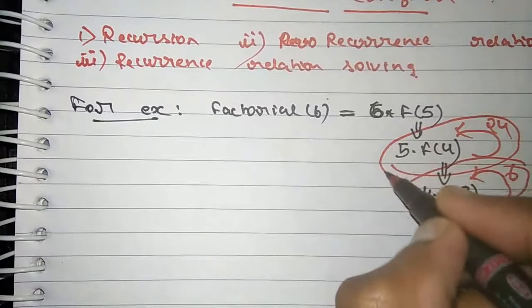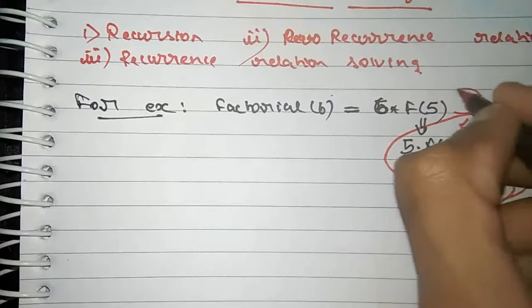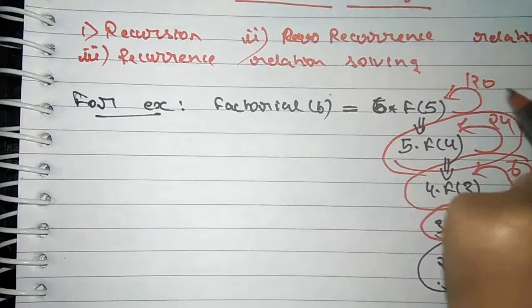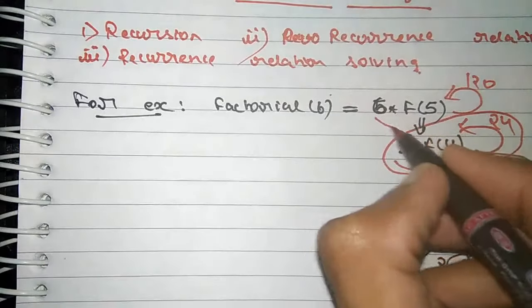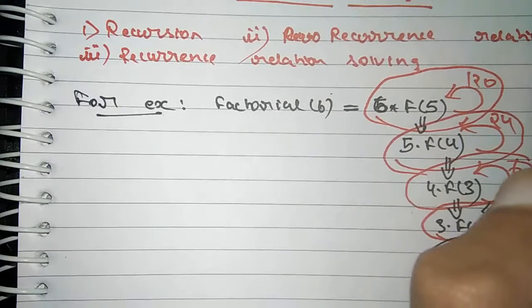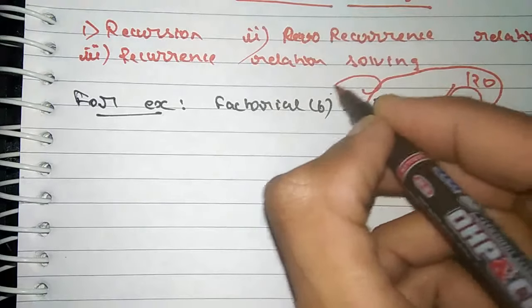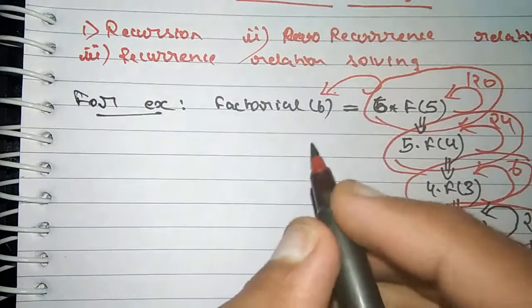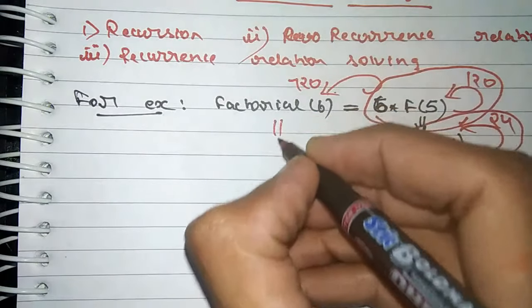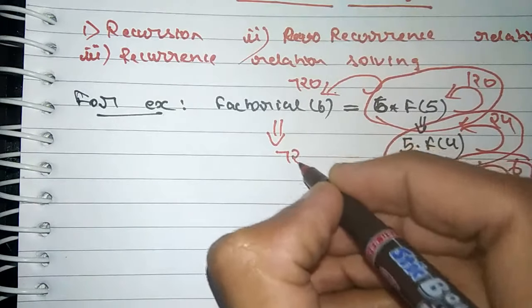And 5 into 24 is 120. 120 will be returned to f of 5. 6 into 120 is 720, and this value will be returned to factorial of 6. So factorial of 6 is 720.